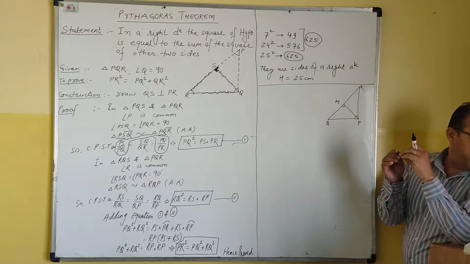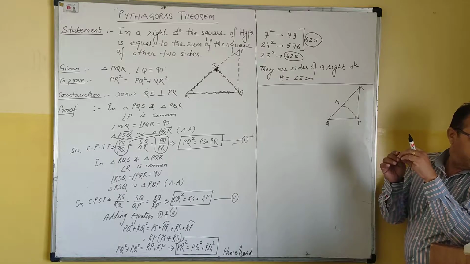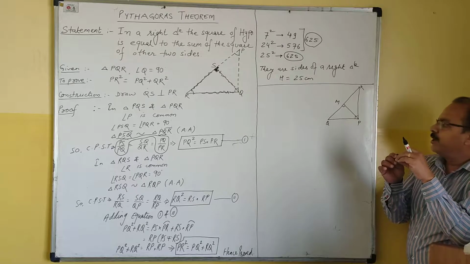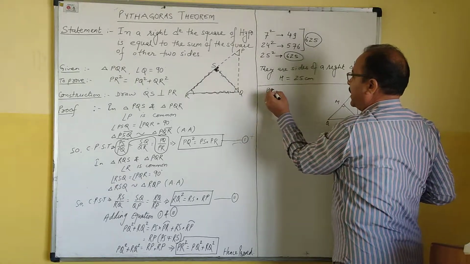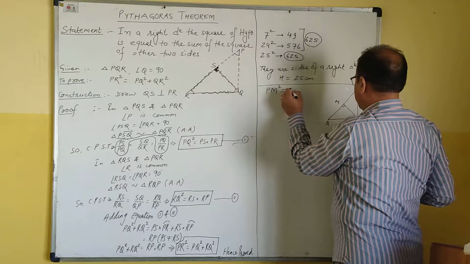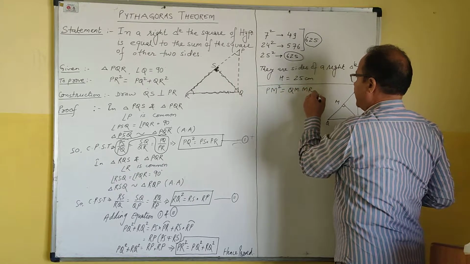What you have to prove is that PM square is equal to QM times MR.